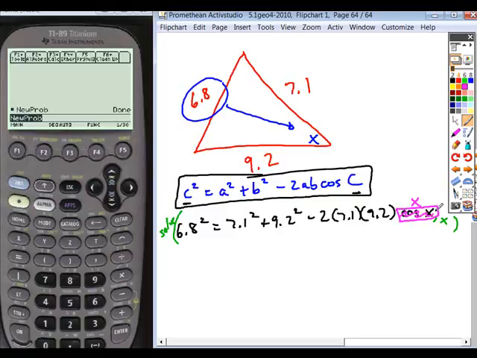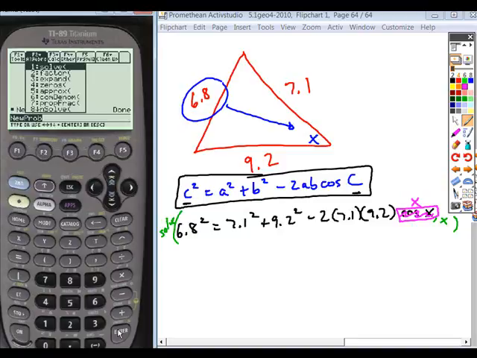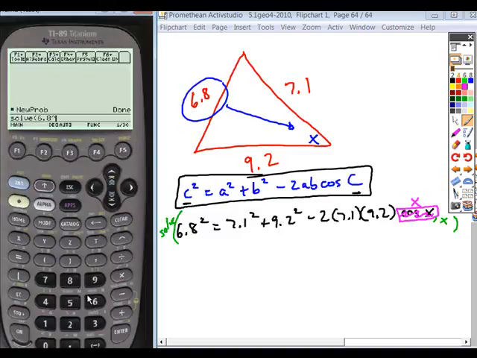So again, you just need to organize that mentally, because when you calculate this through, if we enter this in our calculator, under the algebra tab, the solve feature, we can type in our equation just as it appears. 6.8 squared is equal to 7.1 squared plus 9.2 squared, all minus 2 times 7.1 times 9.2 times x.